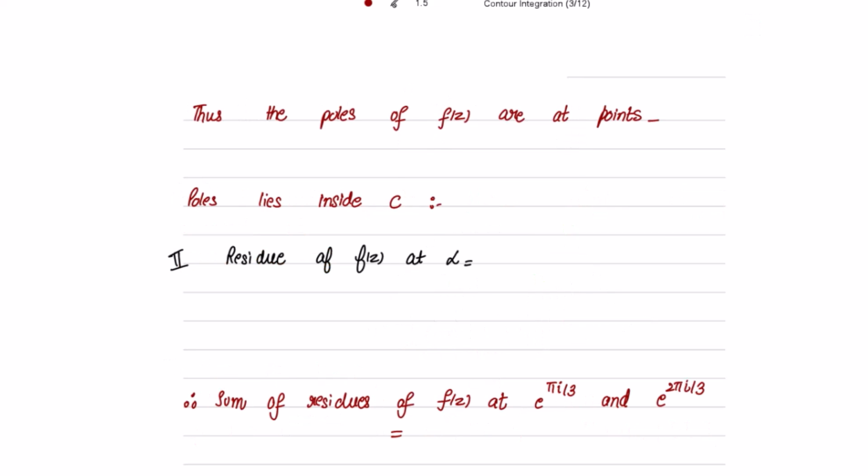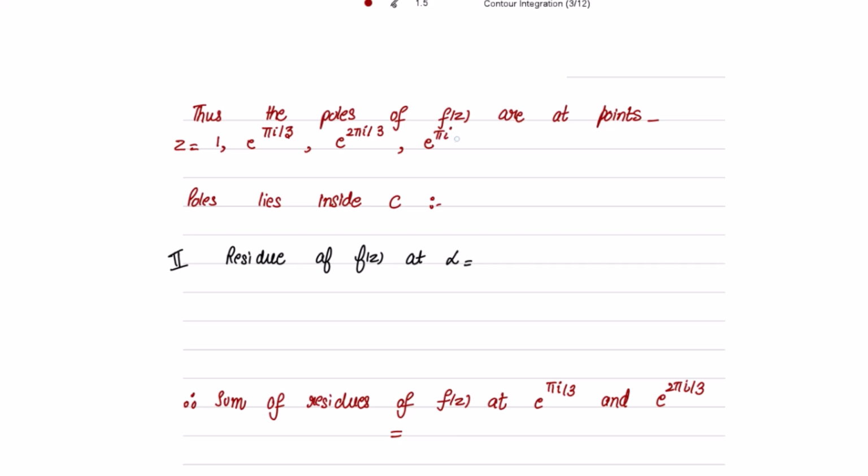So the poles of f(z) are at these points. First, k equal to 0 gives 1. Then k equal to 1 gives e to the power pi iota over 3. Then e to the power 2 pi iota over 3. Then e to the power 3 pi iota over 3, that is e to the power pi iota, which is negative 1.